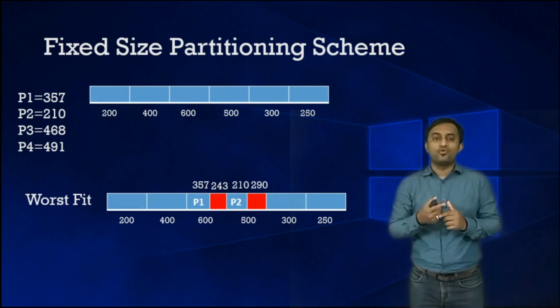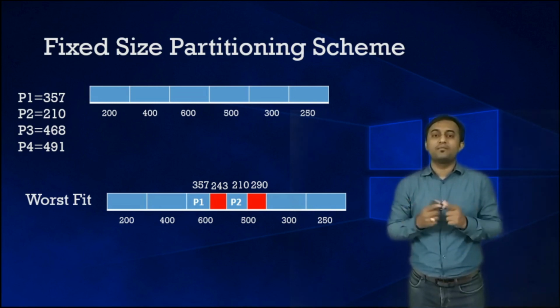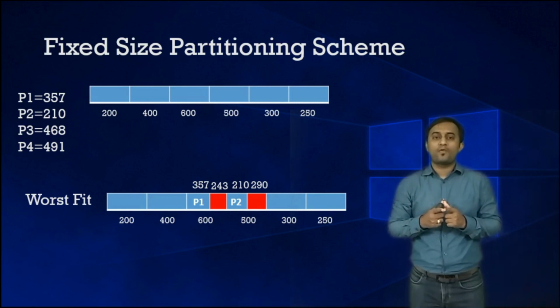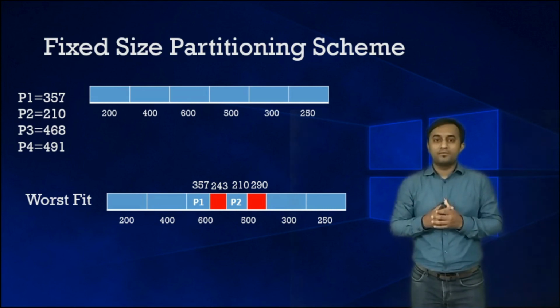Now go to P4. P4 requires 491. So again 491 is not able to be accommodated in these available memory partitions. So P3 and P4 cannot be accommodated in any of the available memory blocks.